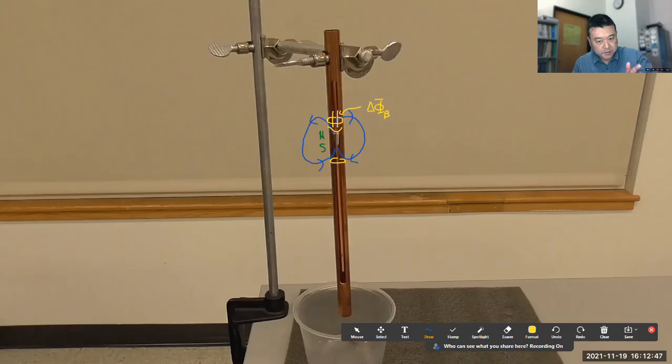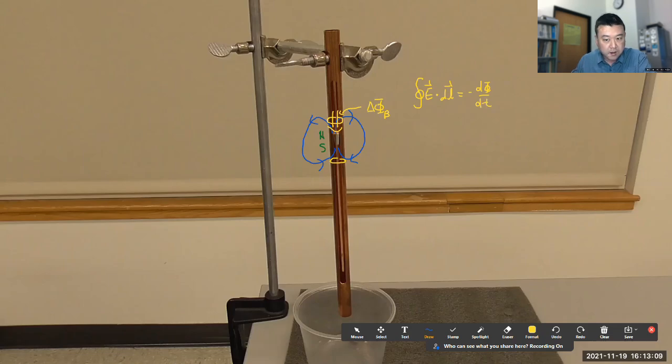And Faraday's law says that the line integral of electric field, or voltage, is associated with the rate of change of magnetic flux. So there's a voltage induced around this loop.